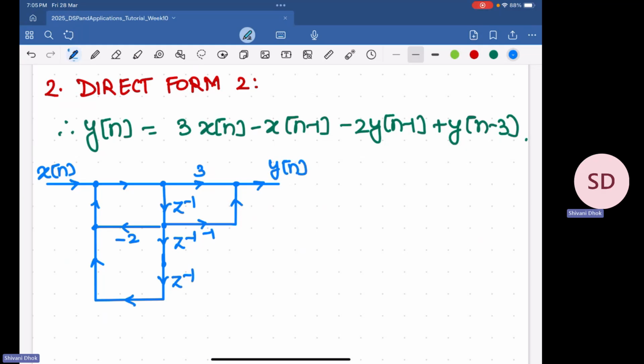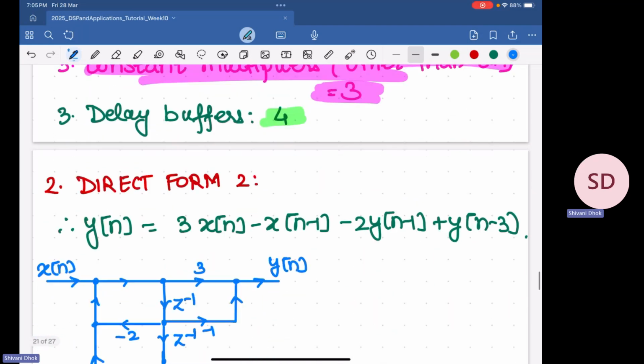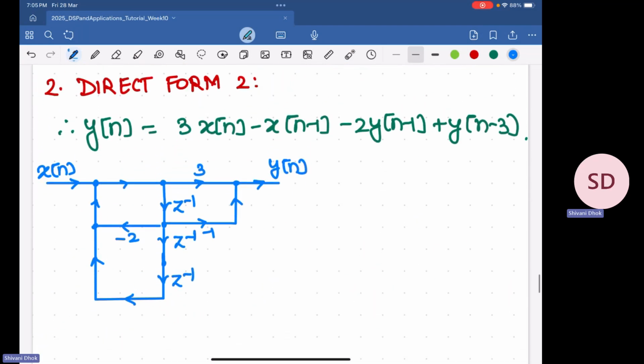So this is exactly the interchanged version, direct form 2. Now again we'll find these 3 things, that is adders, constant multipliers, and delay buffers. So let us first start with adders. Let me use black color here.